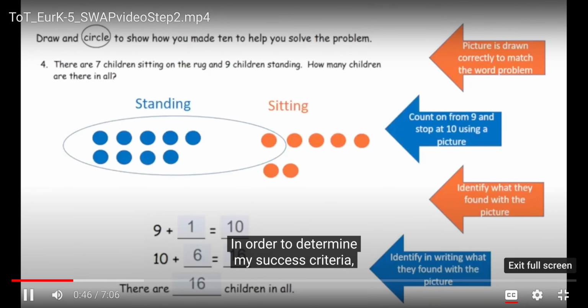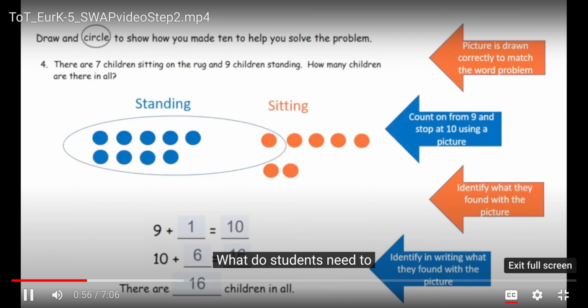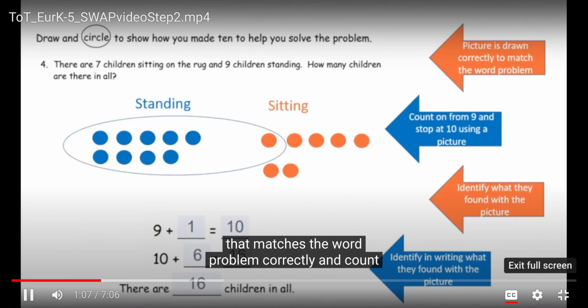In order to determine my success criteria, I have to ask myself 2 questions. What are students being asked to do? And then what do students need to understand about this work to be successful? The first thing I noticed is that the students need to be able to draw a picture that matches the word problem correctly and count on from 9 and stop at 10 using that picture.